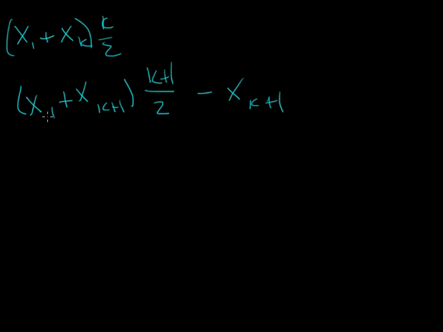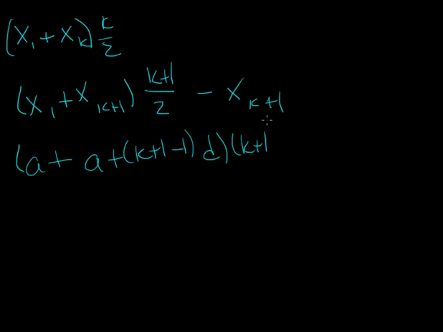Now, because this is an arithmetic sequence, we have a direct formula for each of these terms. So if we substitute those in, we get a plus k plus 1 minus 1 times d times k plus 1 over 2 minus a plus k plus 1 minus 1 d.